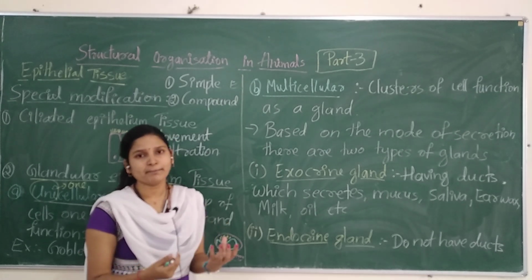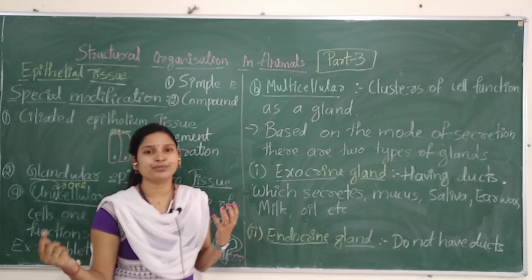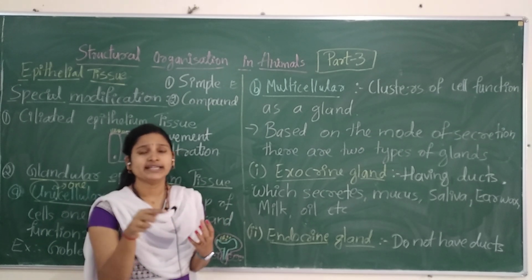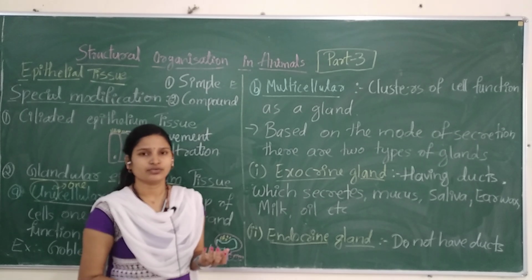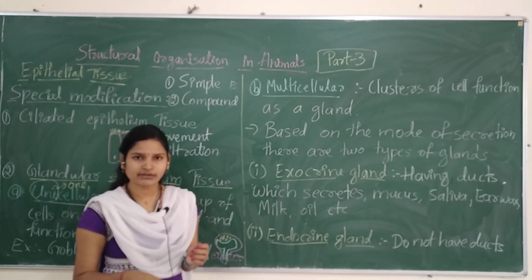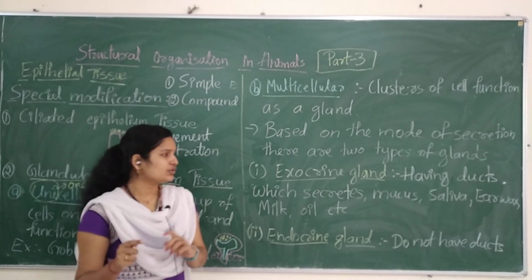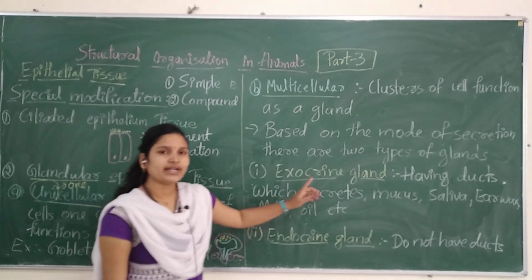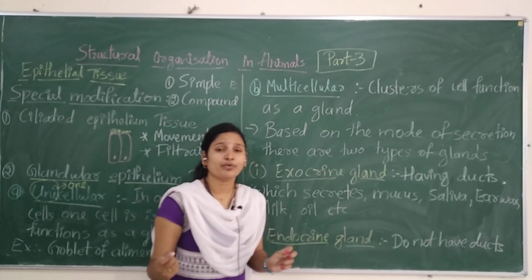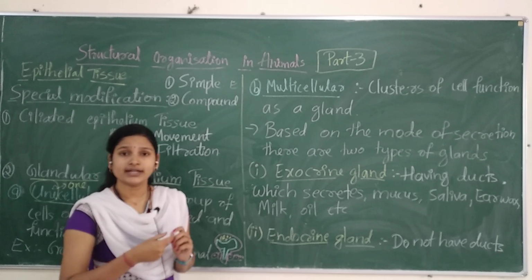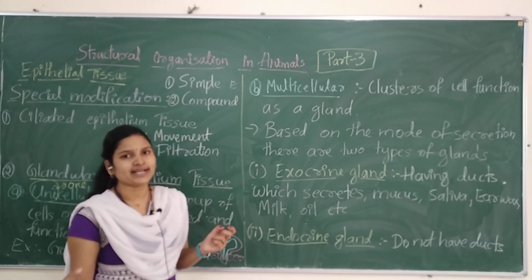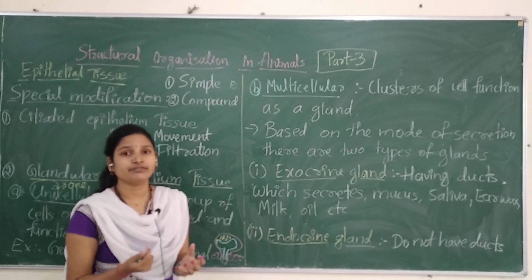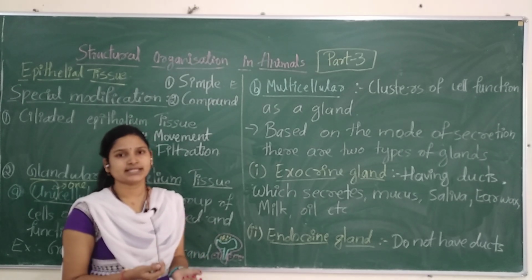If the blood is pumped by the heart, it is going to distribute the blood to each corner of your body, because blood is very important in our body for the movement. Likewise, the exocrine glands provide a kind of passage so that there will not be any kind of mixing.